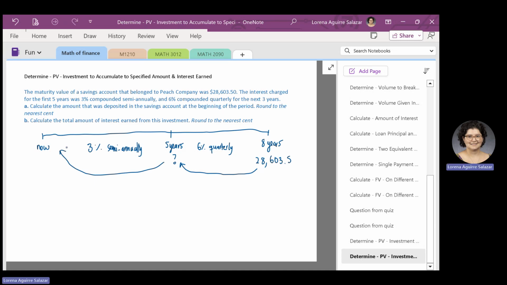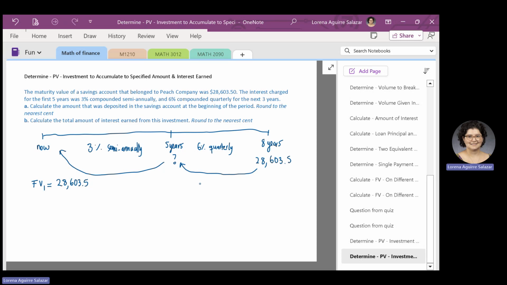So let's start with future value number 1, $28,603.5. That's a future value, maturity value of a savings account after 8 years. And let's start going backwards. Between the 5th year and the 8th year, there are 3 years.